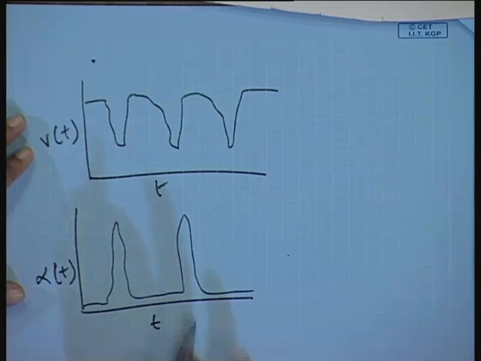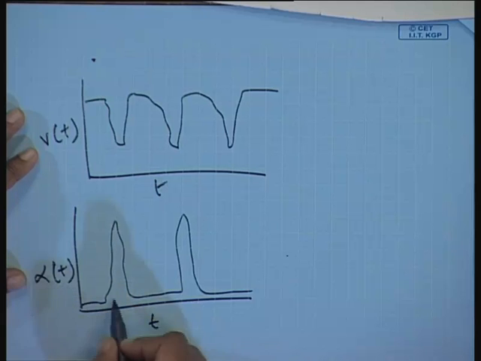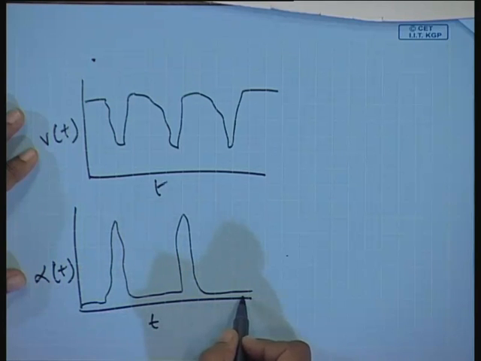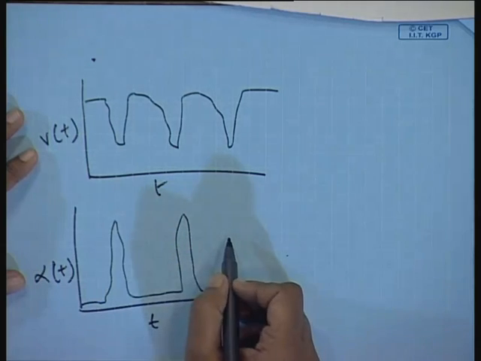Now, whatever signal we get, we will find that the probability of finding alpha in the low alpha region is high in this particular case. Or rather, we get more alpha values in the low alpha region as compared to the high alpha region.